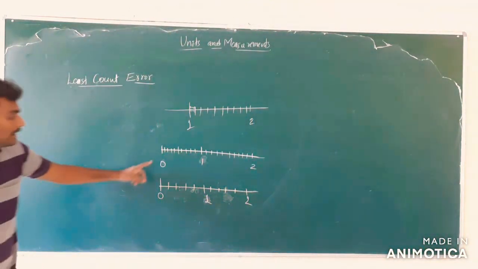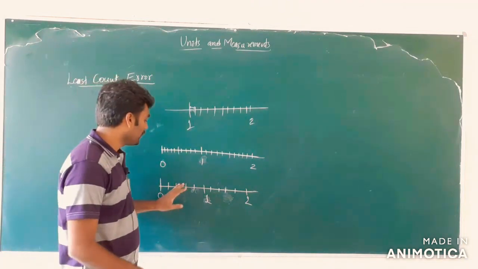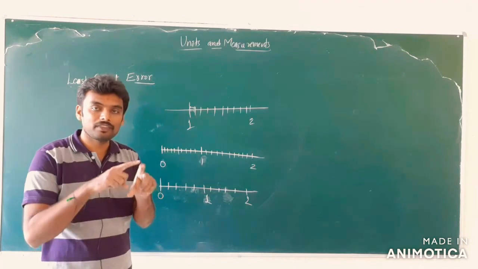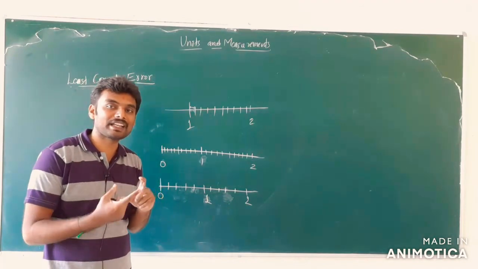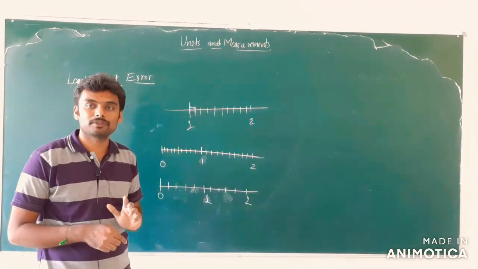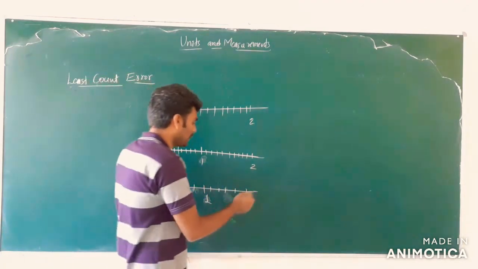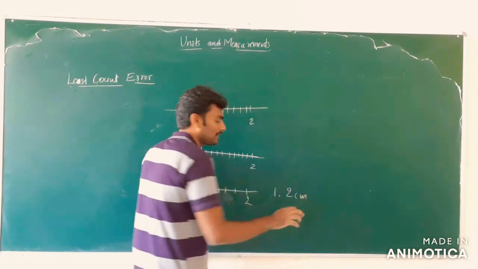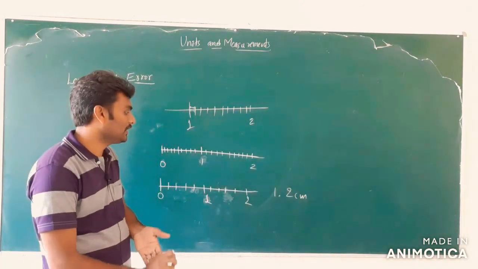So when I take these two, and if I ask you to measure the length of a certain stick or any other thing using the tape, then the reading that you can expect is say 1.2 centimeter. Yes, that reading can be taken.